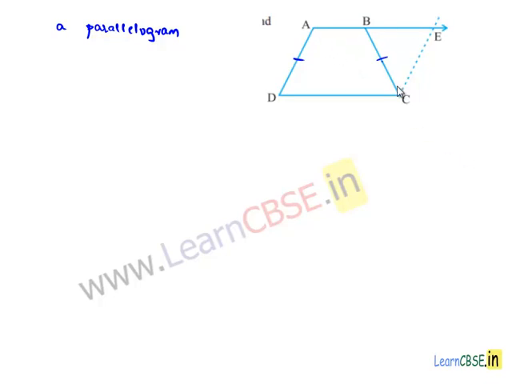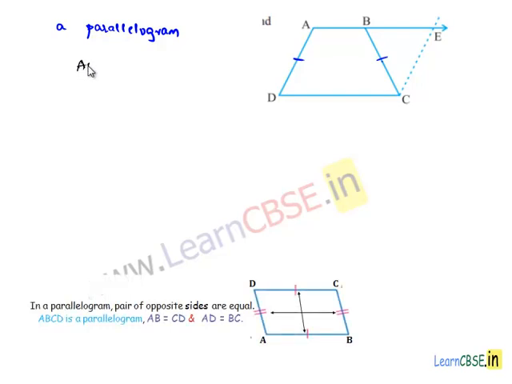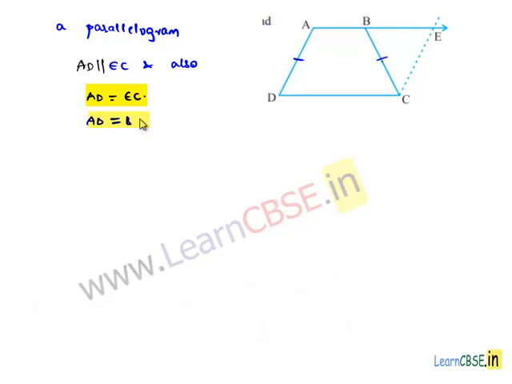Now as AECD is a parallelogram, we can say AD is parallel to EC and also AD is equal to EC, but we know that AD is equal to BC, which implies BC will be equal to EC now.